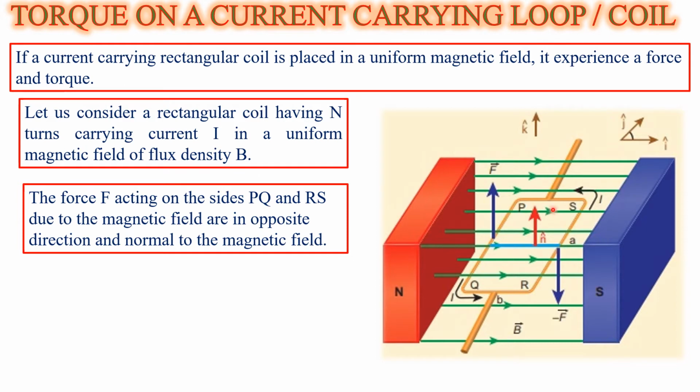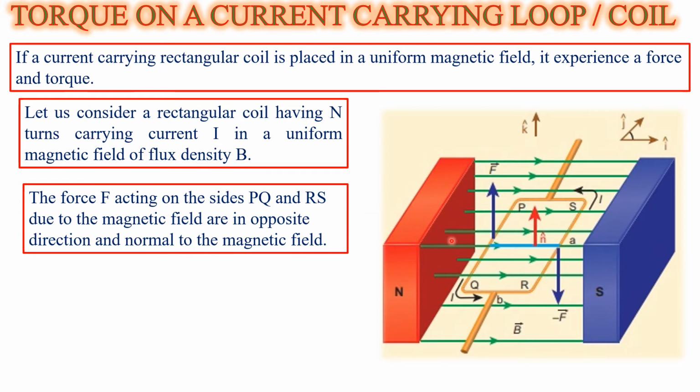Sides of this rectangular coil are represented by PQ and SR. The length of SR and PQ is represented by A. So we have A, that is length of this side and this side, PQ and SR.